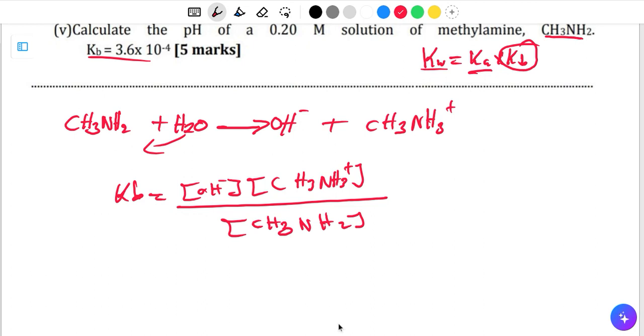So let's write the ICE table. We have methylamine, we also have hydroxide, and we also have methylamine ion. So this is what we have.